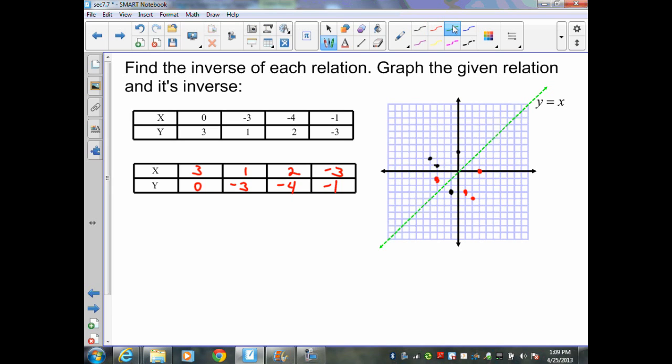And we can see that these values reflect over my identity function, visually representing an inverse of the given relation.